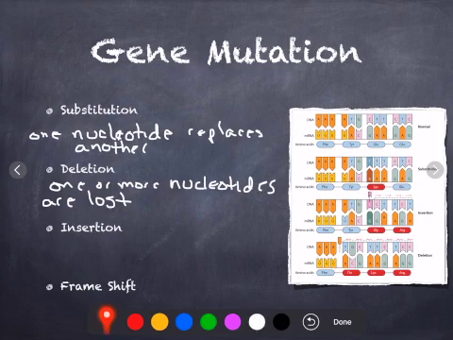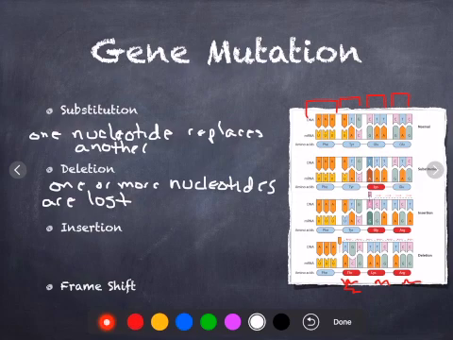So in this case right here, our deletion, we had our A right here, and what happens is we take that A out. Now what this does is it causes a frame shift, and what that means is, when we normally read, we read in these 3 codon sequences. Now when we frame shift that, all of the letters get shifted down 1, so it changes our amino acid chain, and we get 3 amino acids that are not correct.